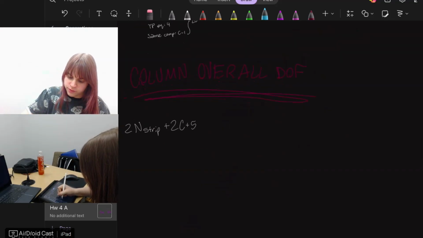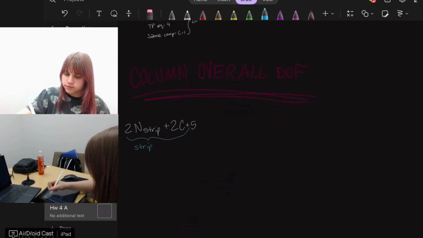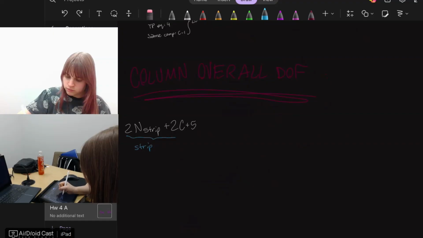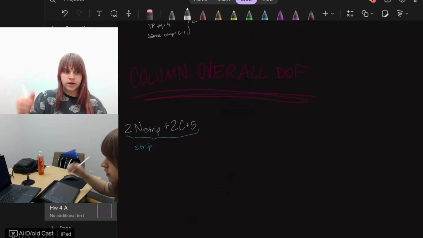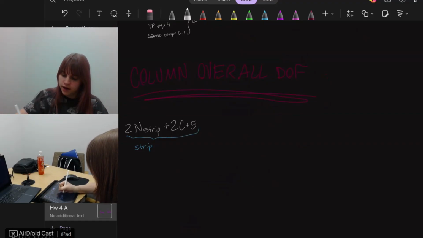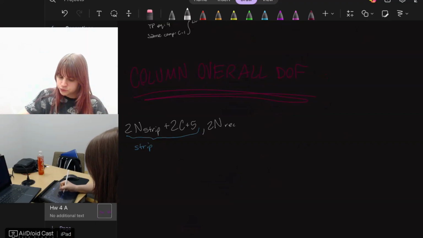This is the stripping section. And we need to also have the rectifying section.